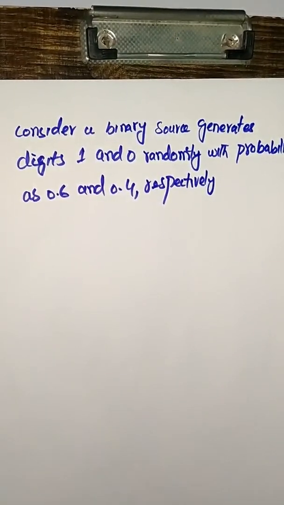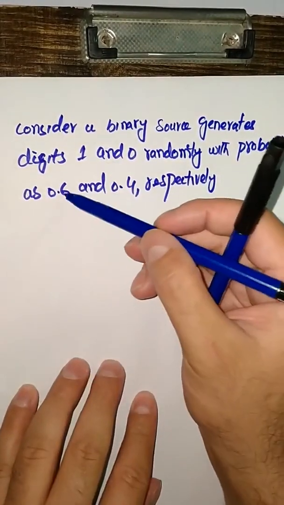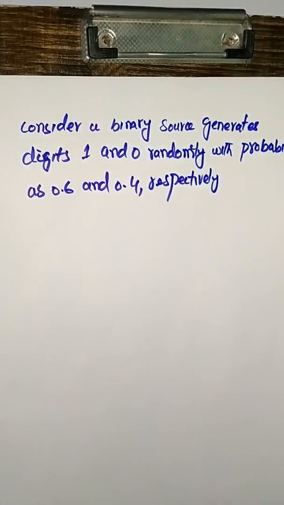The digit 0 has a probability 0.4, whereas the digit 1 has a probability 0.6.